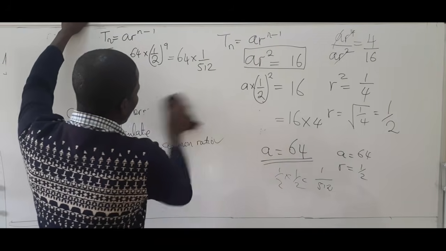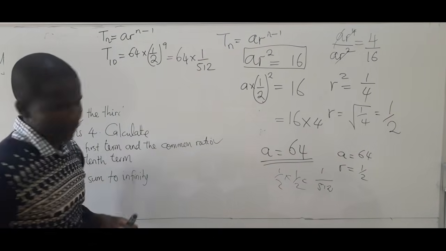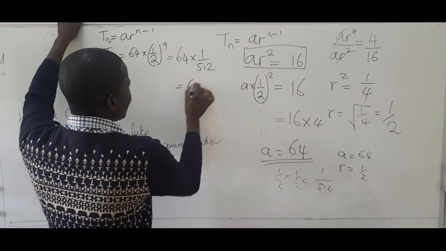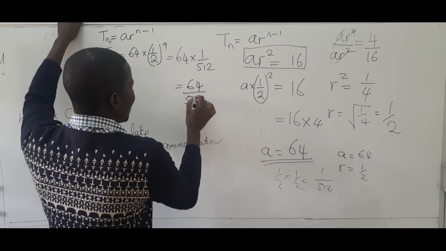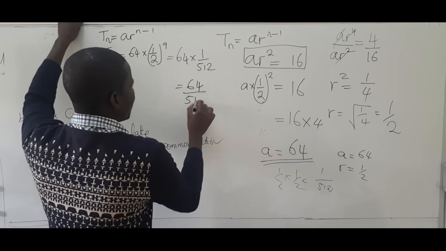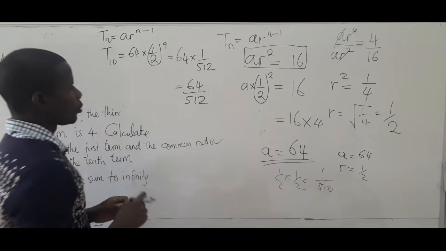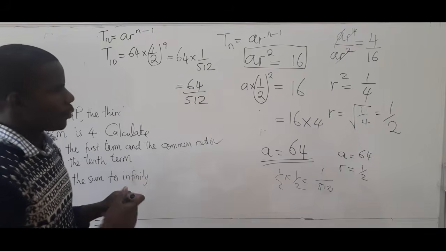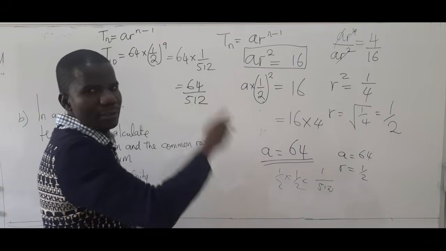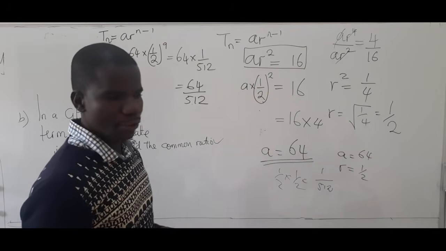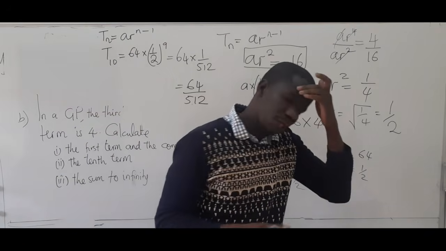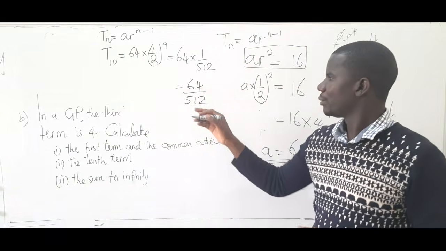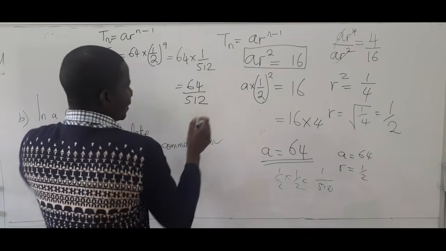So now we can go further and write this as 64 over 512. When you look at this fraction, it's a question of us simplifying it. You can break it down in bits until you simplify it fully, but then you discover that 64 can go into both of these numbers.